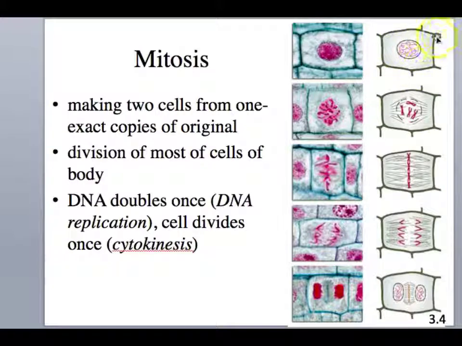So it goes from this spaghetti noodle looking thing into these big X looking things. We actually have 46 of these, and once they look like X's, they've replicated. Before they replicate, they condense into just a single part, and then you can tell they've replicated because now there are two of each part. And then they line up in the middle here.